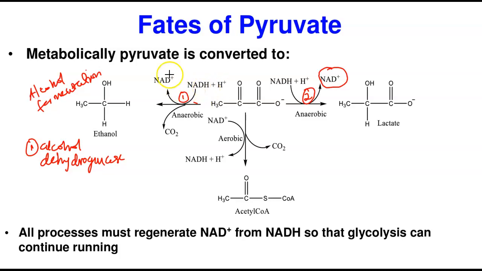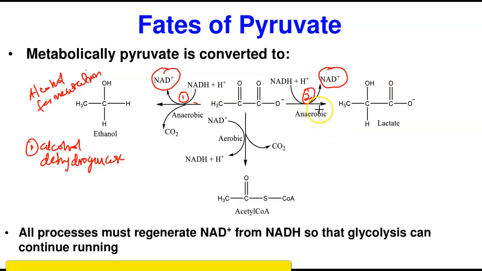Now, in this process, pyruvate is converted to lactate by the enzyme lactate dehydrogenase. And this is called lactic acid fermentation.